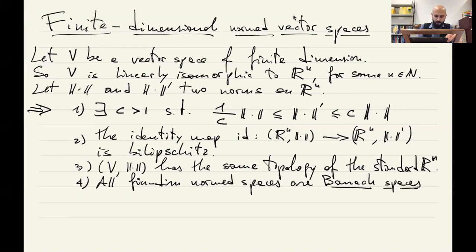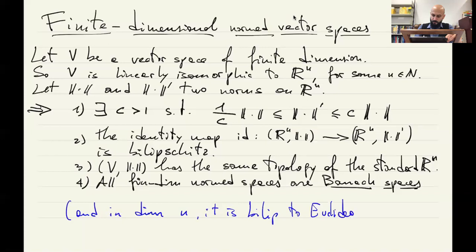And in dimension n, it has the topology of R^n. It is bi-Lipschitz to the Euclidean R^n.